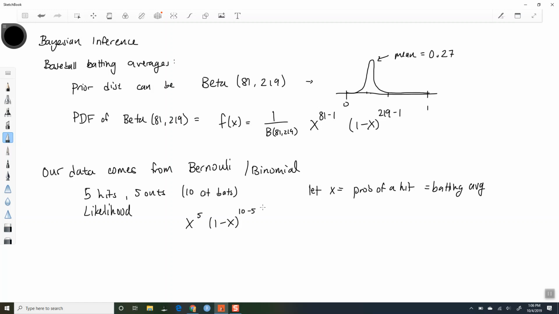And when we use Bayes' rule, the posterior distribution, which is the probability of the parameter given the data, is going to be proportional to the likelihood times the prior.